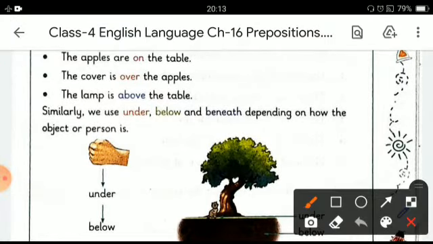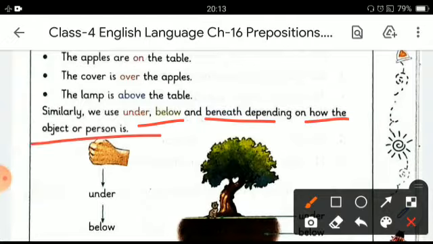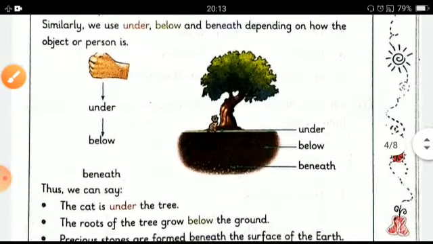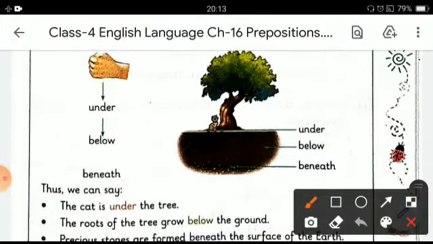Similarly, we use under, below and beneath depending on how low the object or person is. Let's see the example given here. First one, you can see the word under shows the low position, below shows the lower position, and beneath shows the lowest position of any person, place or object.